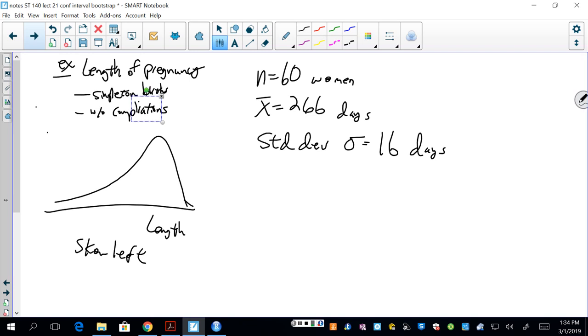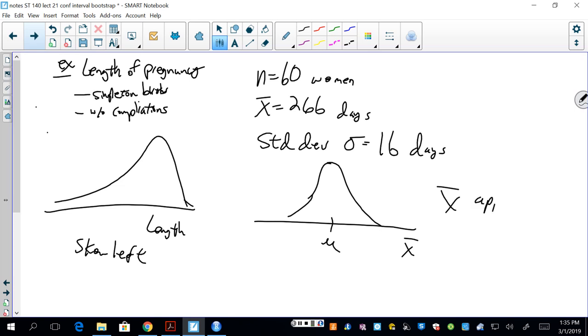The distribution of X bar, however, based on 60, should be really quite symmetric. It's symmetric about the mean, whatever that is, what we want to know. But it should be much more normal. X bar should be approximately normally distributed in different samples, across samples of size n.